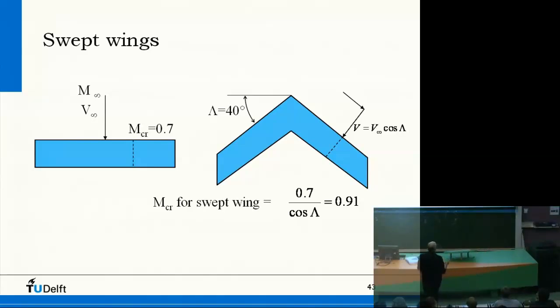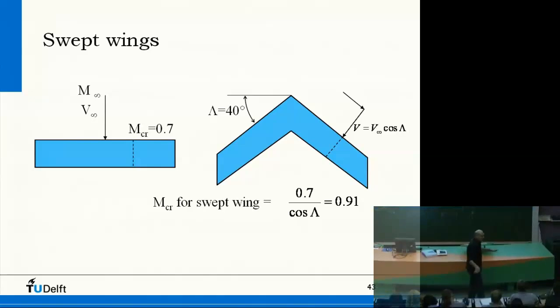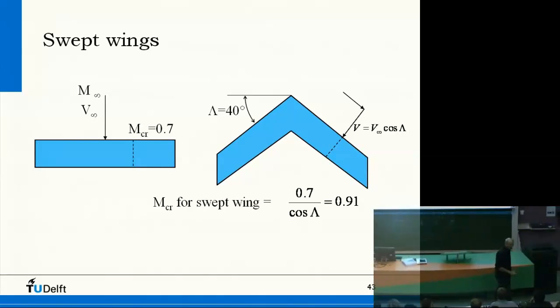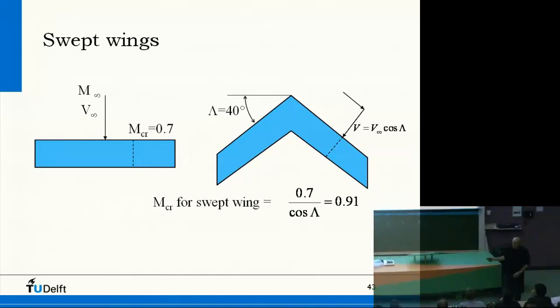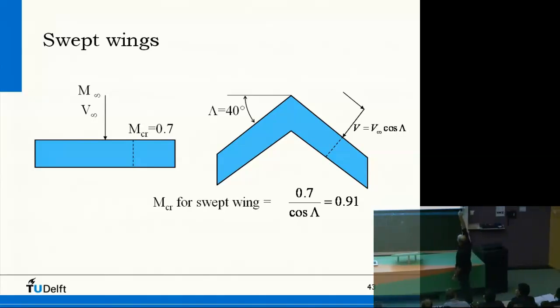Because sometimes it's not necessary. I mean, if you look at the construction and so, it's more difficult. So if you do not have compressibility effects, the best thing is to do it like this. Right? Because there still is a velocity like this. Just the incoming velocity is still the same here as in both cases.